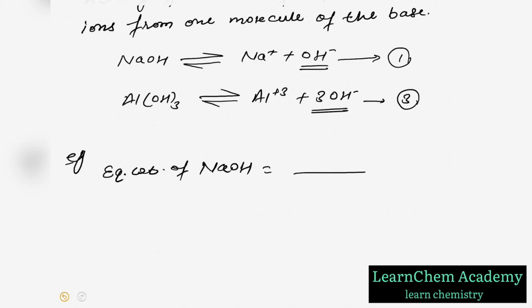Molecular weight of NaOH is 23 for sodium, 16 for oxygen and 1 for hydrogen. So we will get its molecular weight is 40. So 40, and their acidity will be 1. So we will get 40 is the equivalent weight of NaOH.